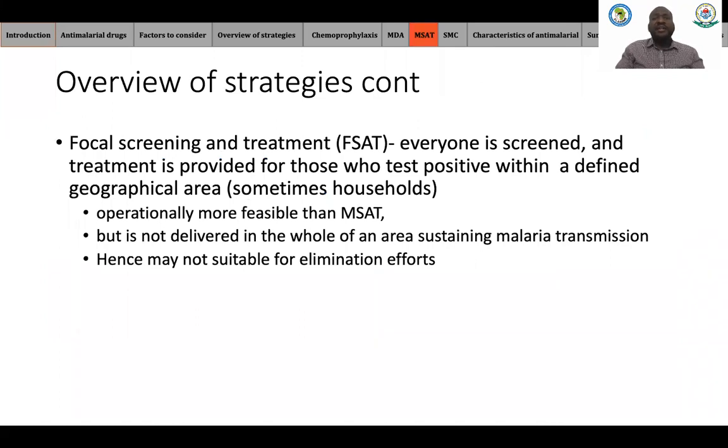And another alternative would be to do focal screening and treatment, where you screen and treat everyone, but only within the people who test positive in a defined geographical area.